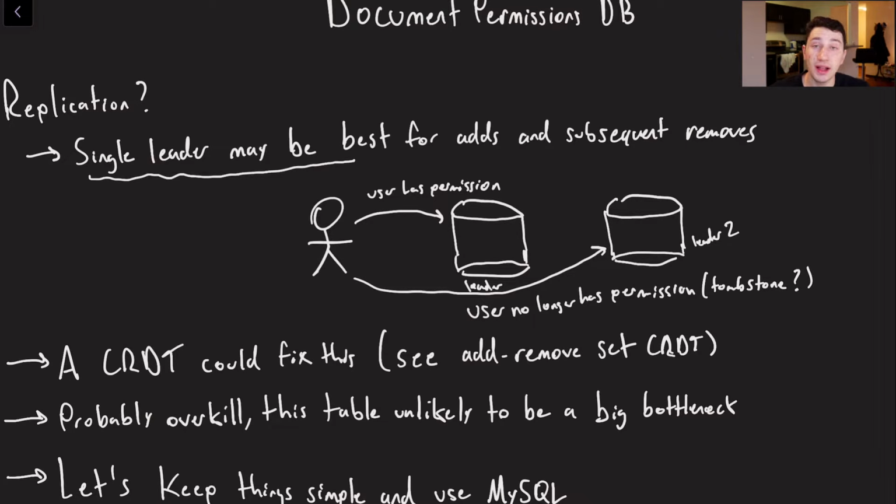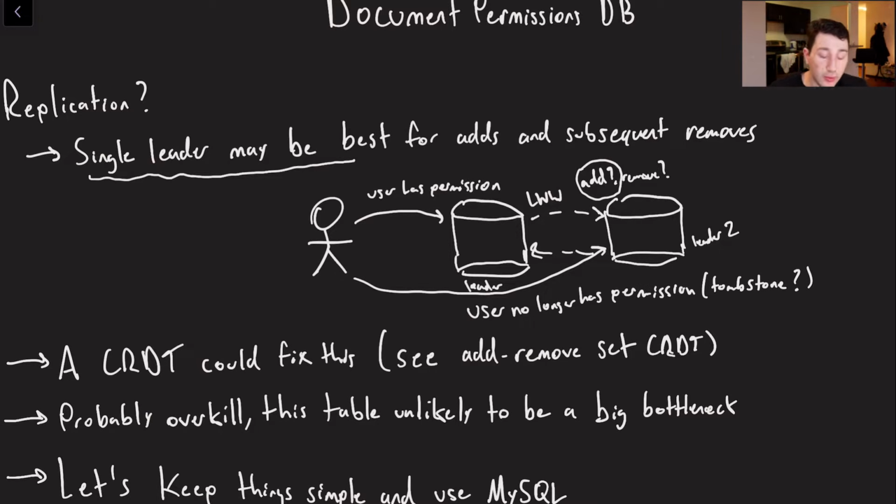And it wouldn't be great if for some reason that remove didn't go through. So when these leaders eventually sync up with one another, the database, based on last write wins, is just going to be like, did they add or did they remove? It's going to be unclear. One of these might arbitrarily win.